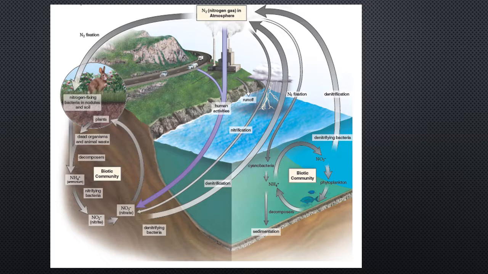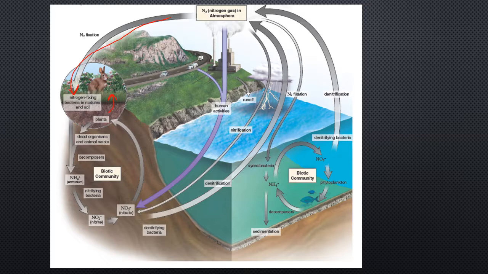So to start with, we have nitrogen in the form of gas in the atmosphere, and that is not a usable form. So as we've talked before, we have nitrogen-fixing bacteria in nodules of certain plants that allow it to be changed into usable forms. And once it's in a usable form, then it can be taken up by the plants.